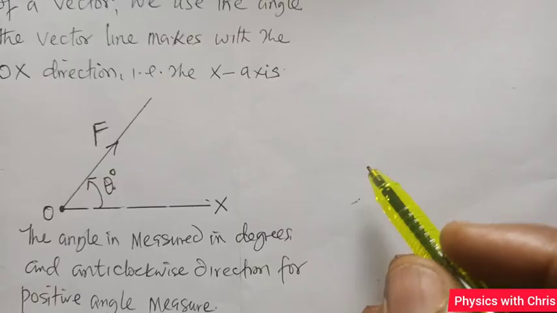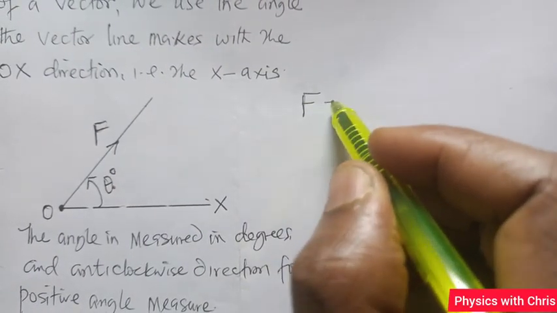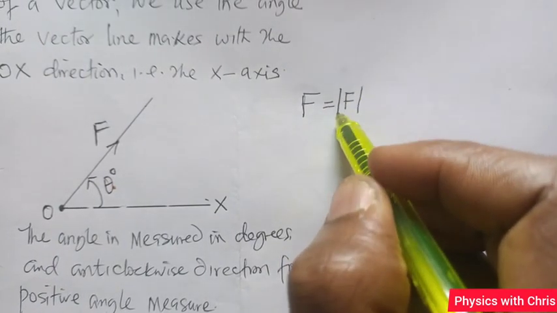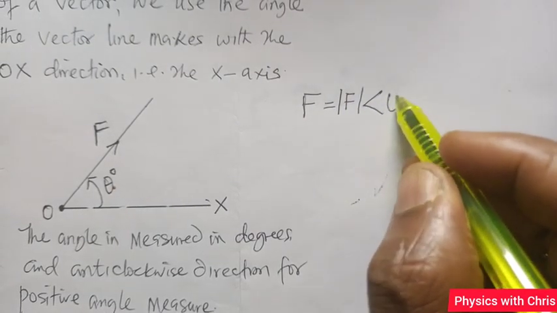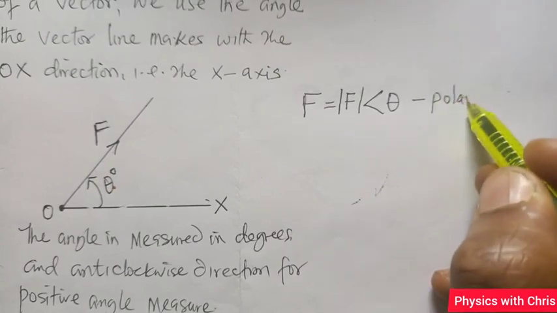One form of representing vector F is given by F vector equals F magnitude, angle bracket theta. We call this the polar form of representing a vector.